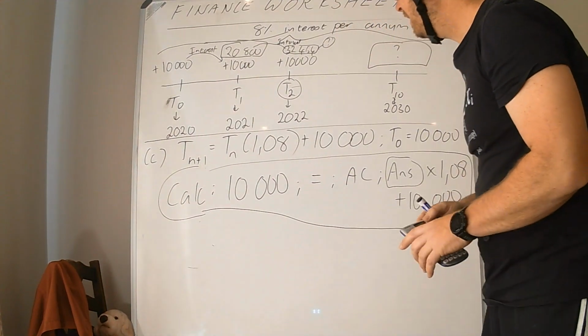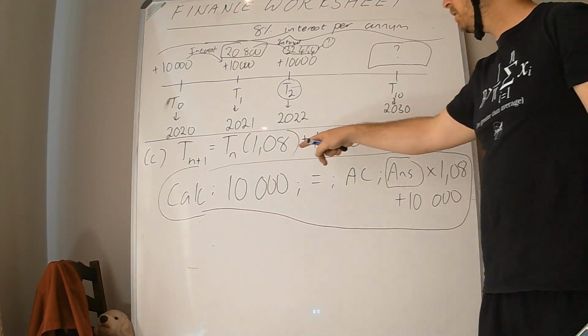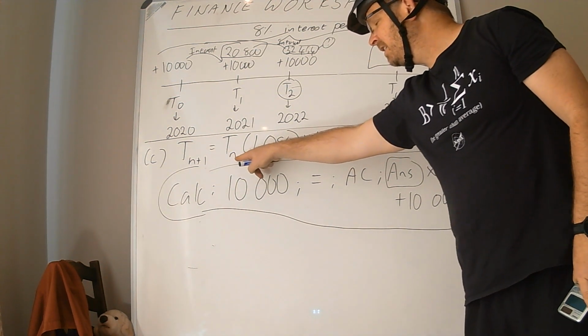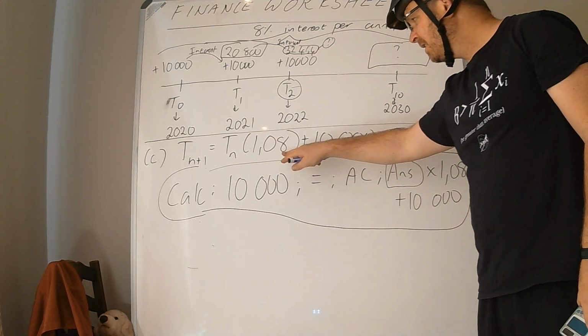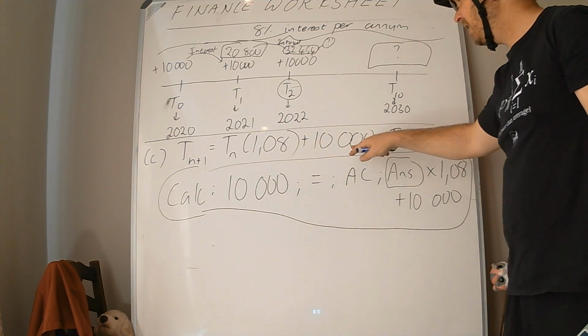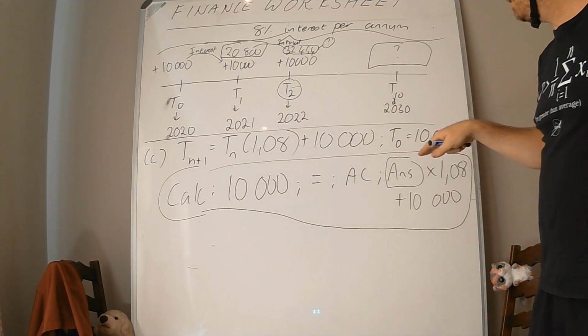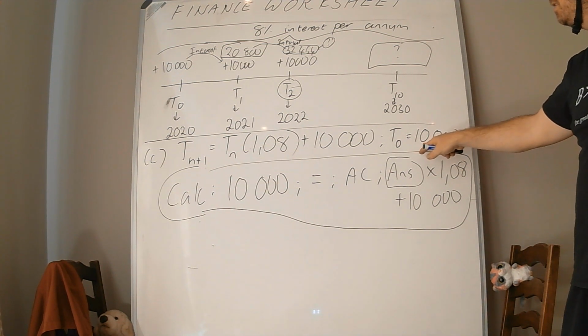Alright guys, so the next question says, so we know to figure out the amount of money in the account after every deposit, the Tn plus 1, we've got the recursive formula, is equal to Tn, which is how much you had in the account the term before, times 1,08, because you're increasing by 8%, plus 10,000. With practice, you can pretty much write that step down straight away. Remember, the first term in the sequence is T0.